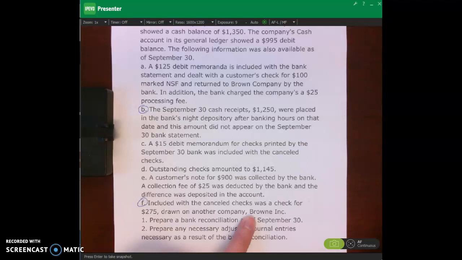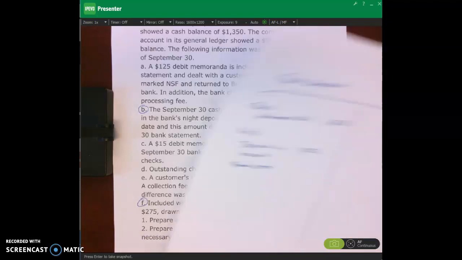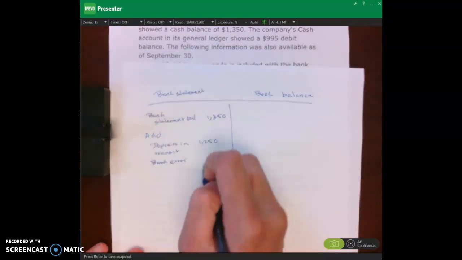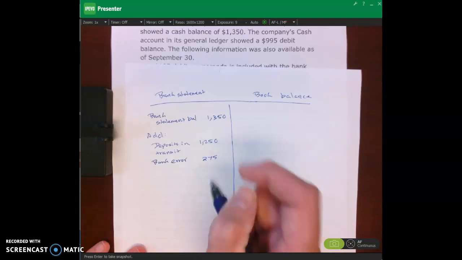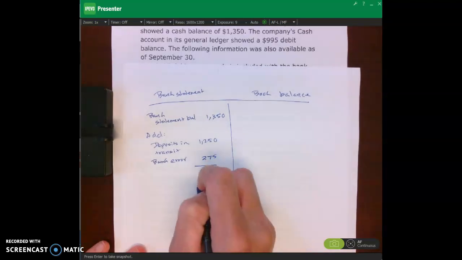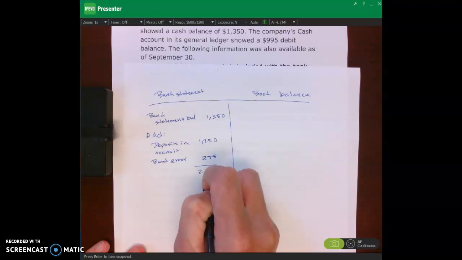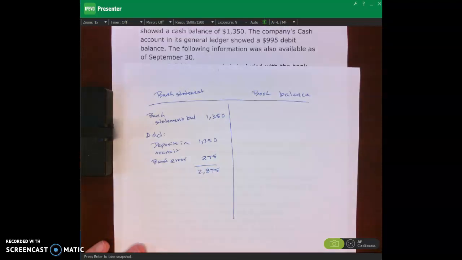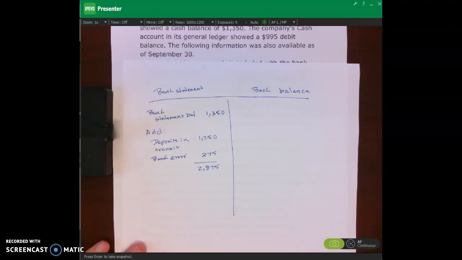It took cash away from us, but it should have taken cash away from this company with an E. We don't have an E. So that was a bank error. That's $275. And then we can add that to our $1,350. That should give us our $2,875 right there.